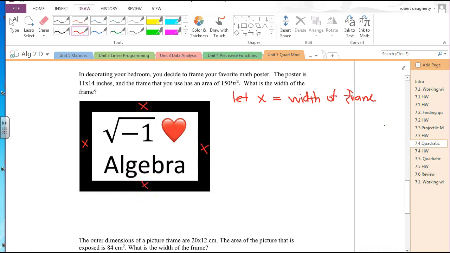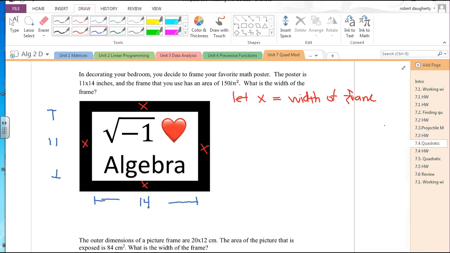Now, the distance from here to here along just the picture is 11, and the distance along this side is 14.